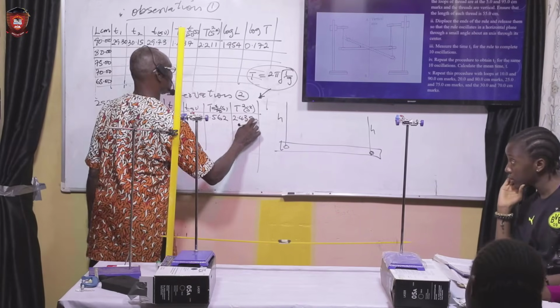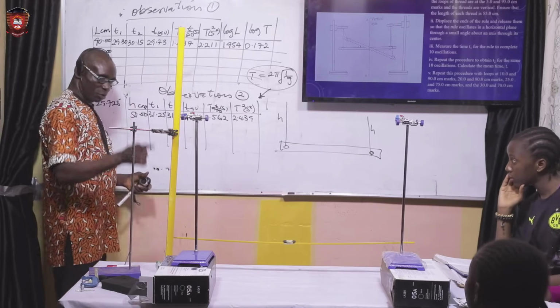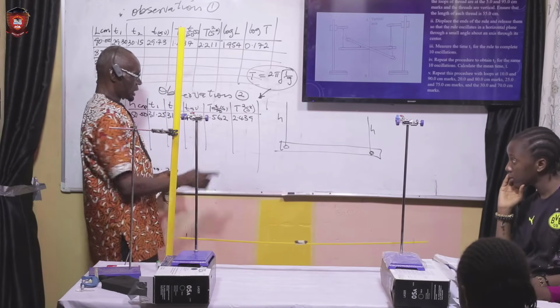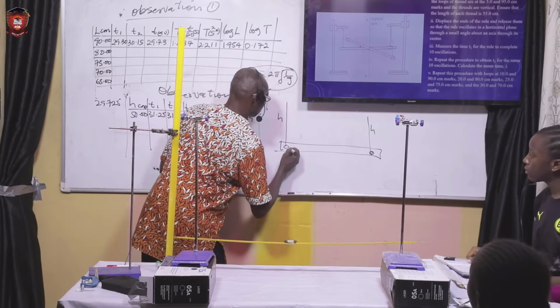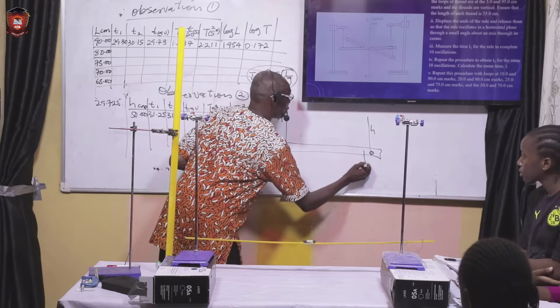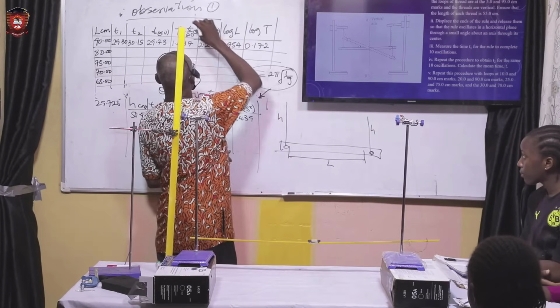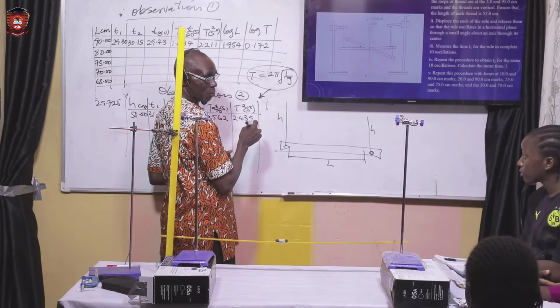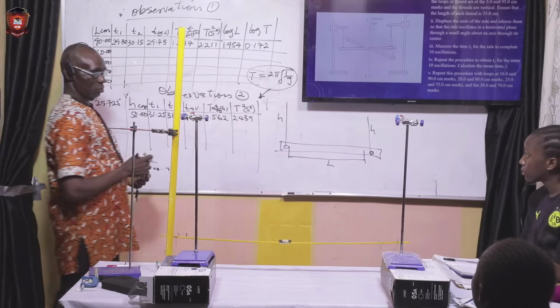That's exactly. So if the height is timed, that is this. This one is length. This is if length L is timed. Observation 1. If the height is timed, observation 2.